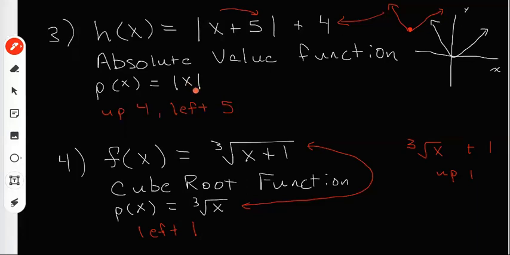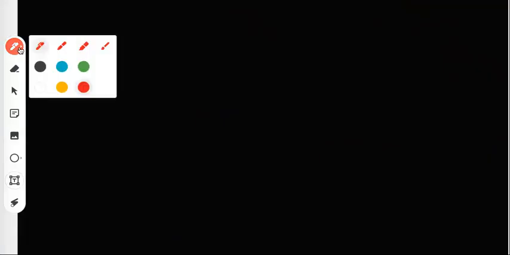Okay, let's look at 5. All right, so 5 says g of x equals x minus 1 squared. So x minus 1, the quantity squared, minus 3.